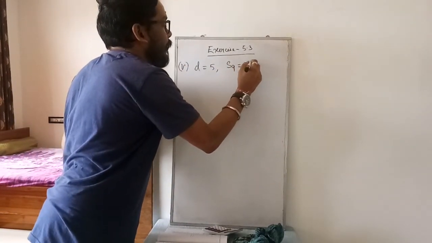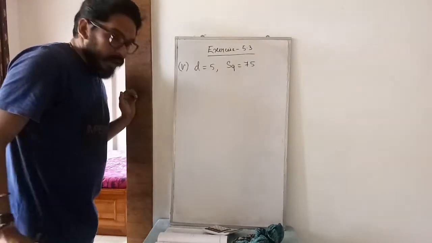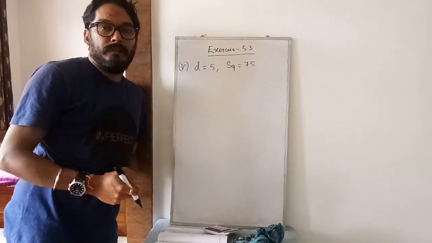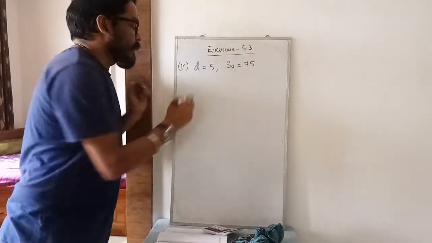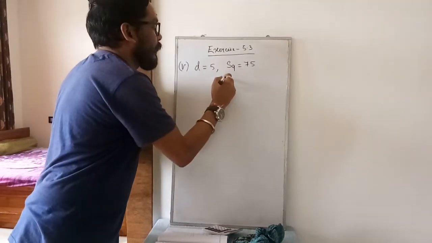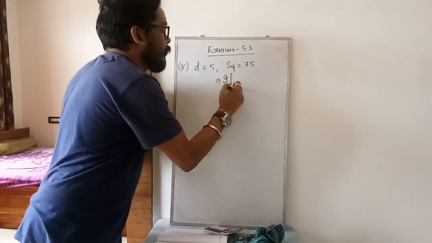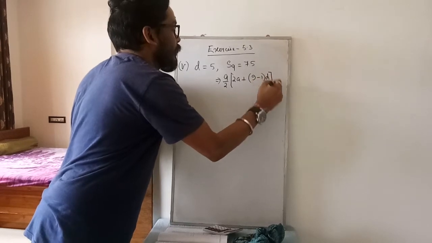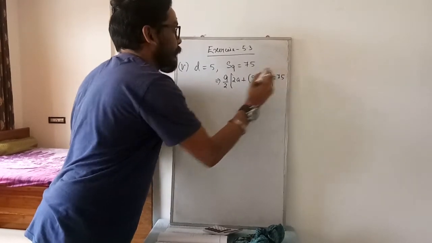S9 equal to 75. So I will start with this. Sn is n by 2 into twice A plus (n minus 1) into d. When it is S9, it is 9 by 2 into twice A plus (9 minus 1) into d equal to 75.